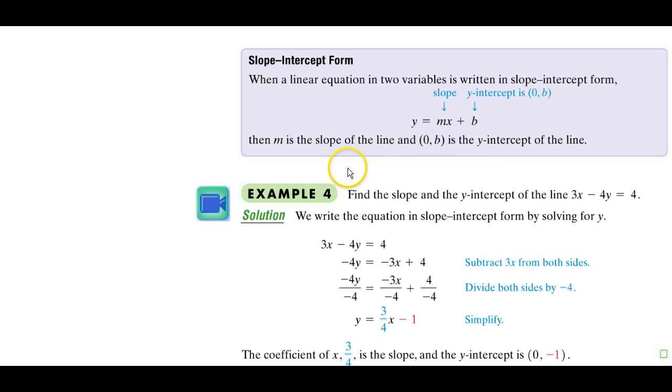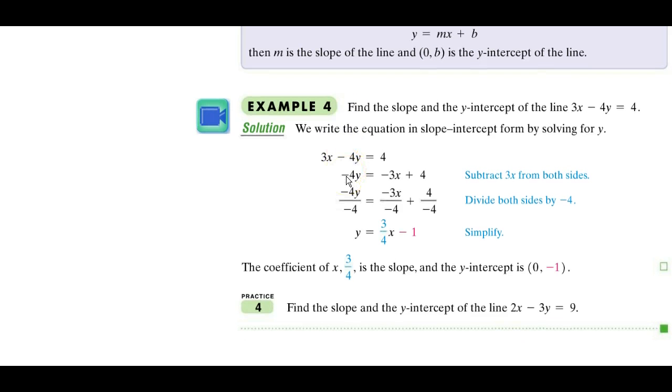Now, when we look at example 4, what form is this equation in? Well, here it's in standard form. So if we want to find what our slope is when it's in standard form, the rule in general is solve for the letter y. And you want a positive y, so I'll just bring it over.